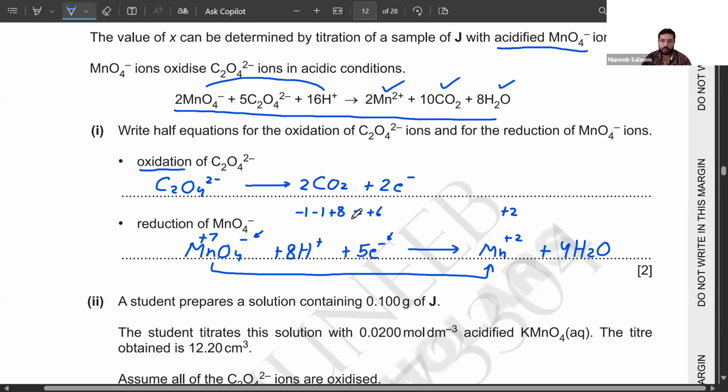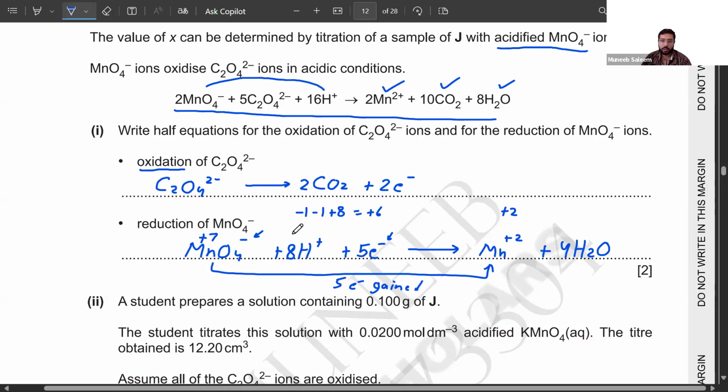Sorry, 5 electrons were gained because it is reduced from plus 7 to plus 2. So that's why I have written 5 electrons here.